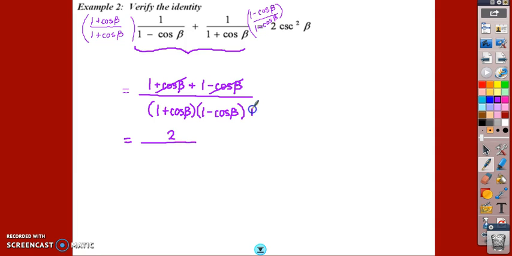I think I'm going to FOIL this one out on the bottom, because I know that when I FOIL a plus and a minus of the same type, do you remember the outside and inside will cancel? So first would be 1 times 1. Outside is going to be negative cosine beta. Inside is going to be positive cosine beta. Those cancel. Last is going to be cosine beta times negative cosine beta.